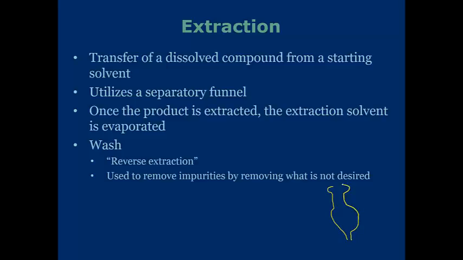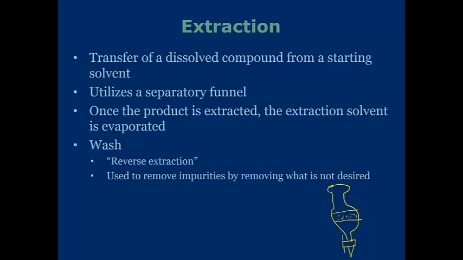So what you're going to see is a funnel with some sort of dropper apparatus, and you're going to see two layers, generally an organic and an aqueous layer. Depending on which one is denser, the denser layer is going to sit on the bottom, and your desired compound is going to be in either of the layers.